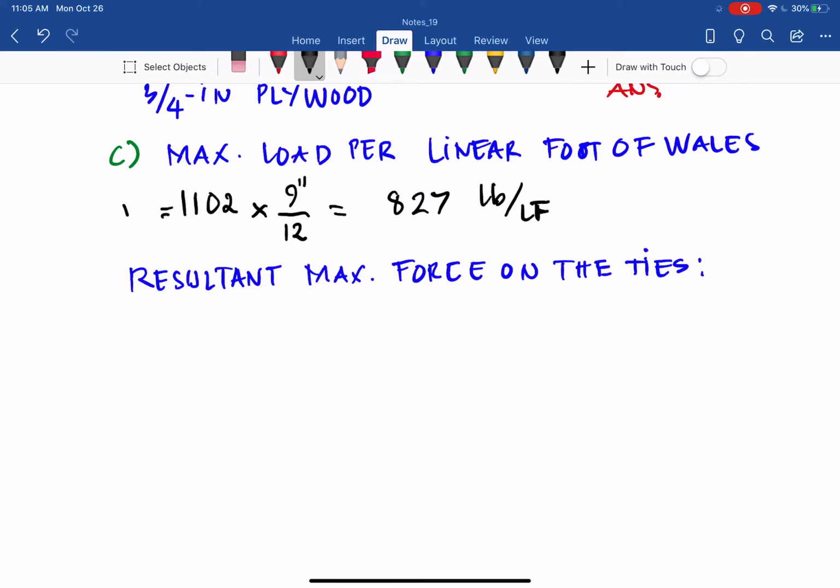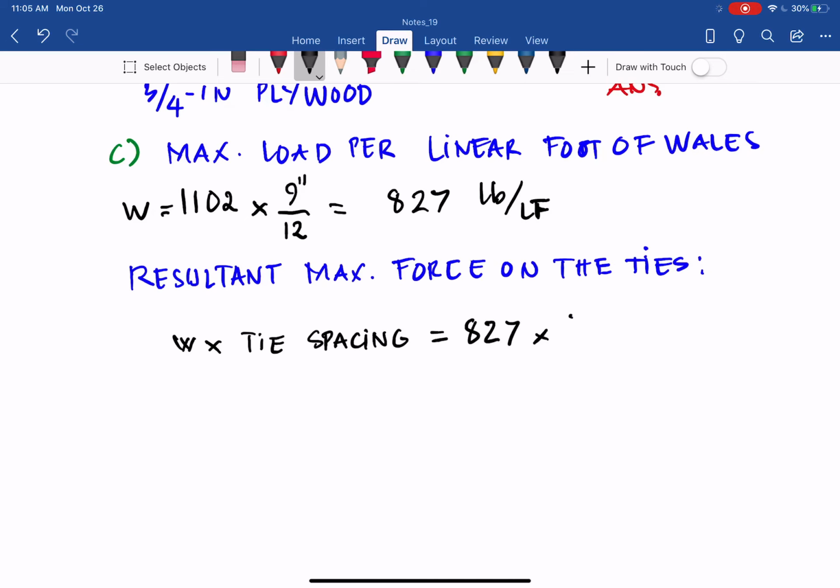So in here you can say that is W. So it will be W, the small w distributed load, times the tie spacing, and that equals 827 pounds per foot times the tie spacing given, 24 inches divided by 12 inch per foot, so we have 1,654 pounds, and that is the maximum load applied on a tie.